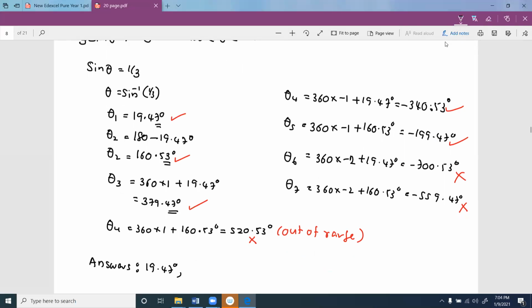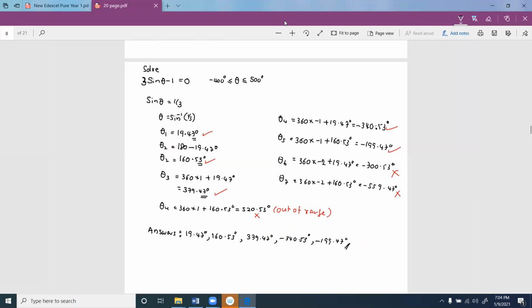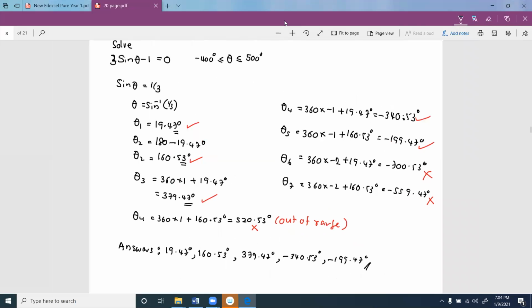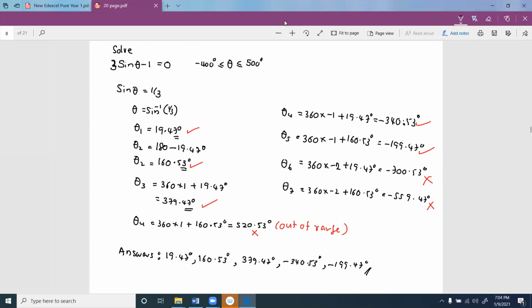The sequence is not important, you just write the answers. This would be your final answer. That's the way of getting this. I'll make it a little bit small so the entire question is visible at once. That's a fact we have to understand.